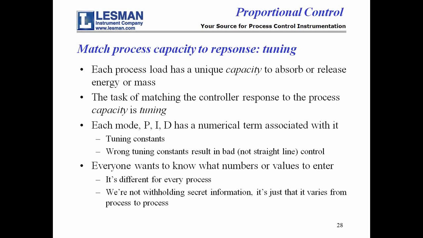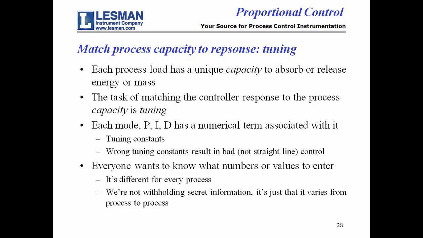Everybody wants to know what the numbers or the values are to put in for the P, I and D, because they can be a range of numbers, and the manuals don't give it, and there's a reason for it. We don't know, because every process is different. It's not like we're withholding secret information here. It's just that it varies from process to process, and it's unique to a given process.